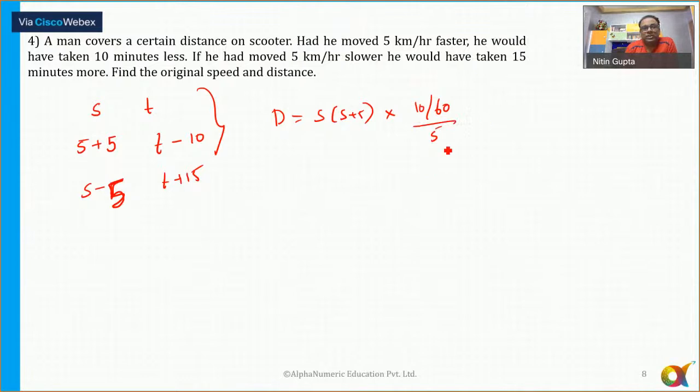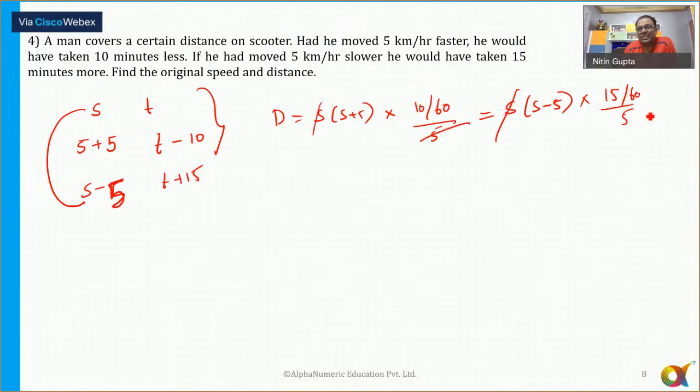It is equal to, taking the second scenario, s into s minus 5 into change in time, that is 15, upon change in speed, which is again 5. So you can see s and s will get cancelled, the 5 and 5 will get cancelled, and 60 and 60 will get cancelled here.